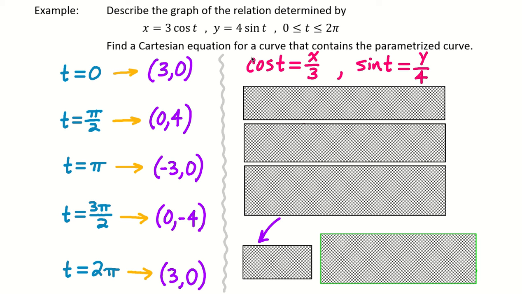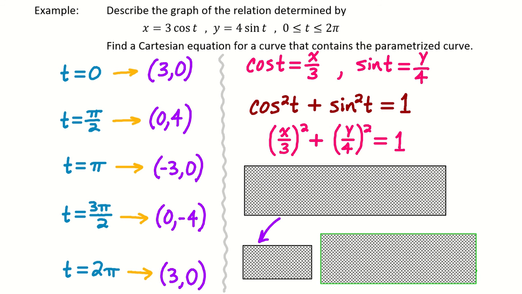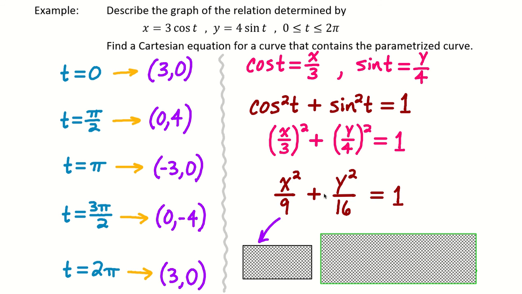And what do you think we're going to do next? We're going to square x over 3, and square y over 4, and plug into this. And it's all going to equal 1. And then it can be simplified a little bit.